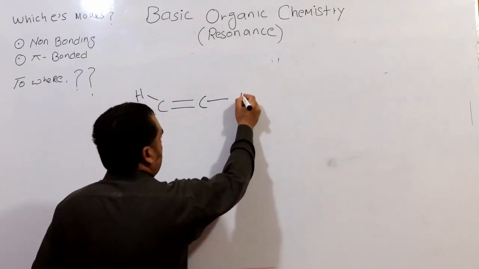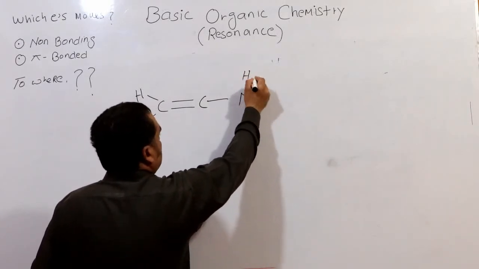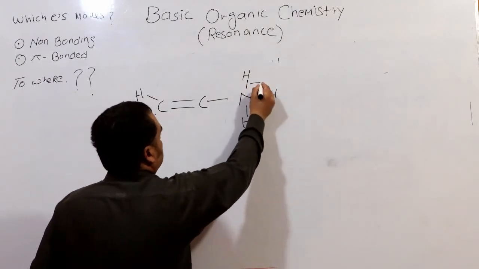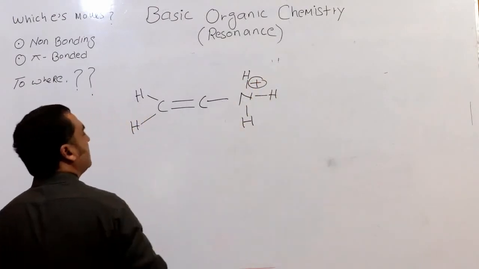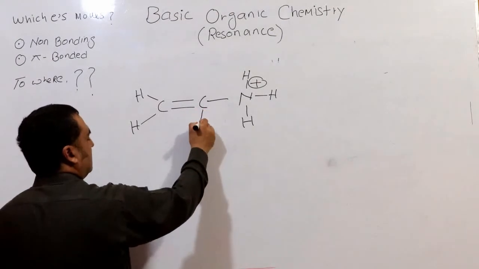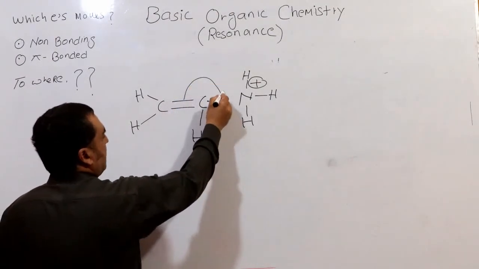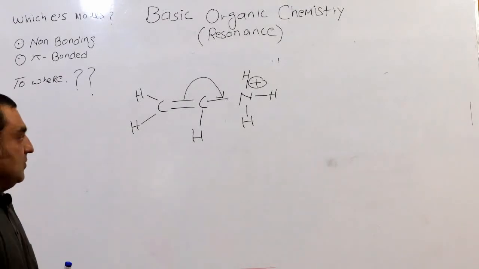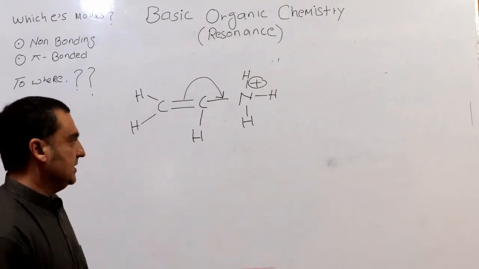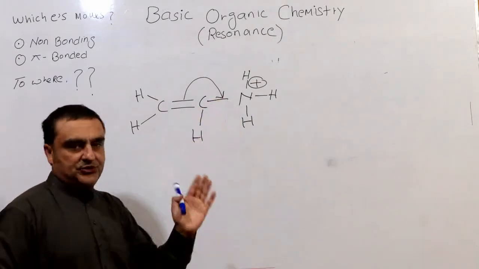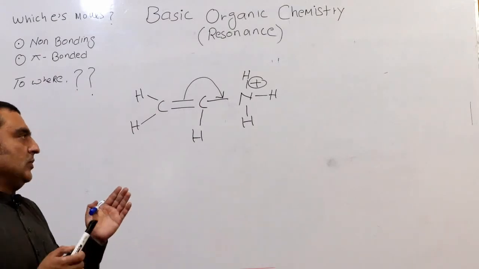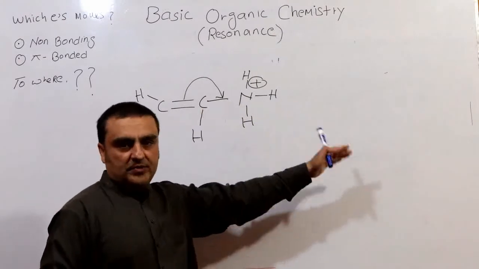Now we have an H or H. Here a positive charge is present on it, okay. And I would like to write a hydrogen with this carbon. So this is again not a legal move because there is no double bond that it will move away from the nitrogen. So this nitrogen again is sp3, or it is fully saturated. It doesn't have any double bond or a pi bond which will move away from it.